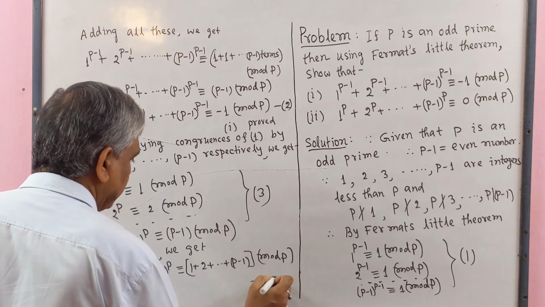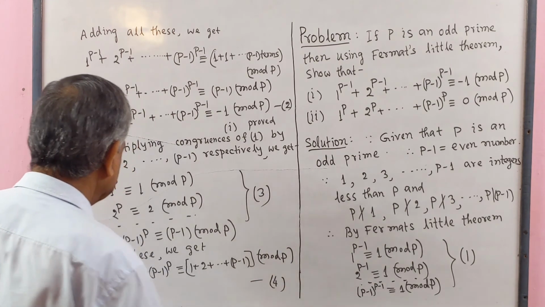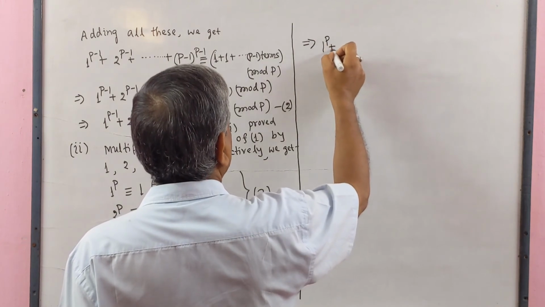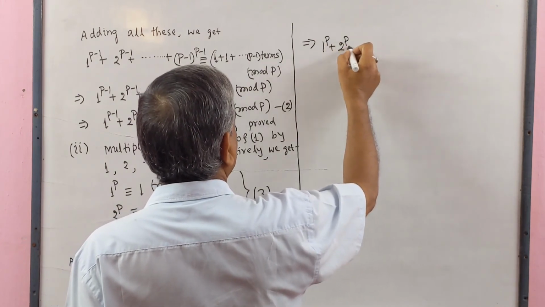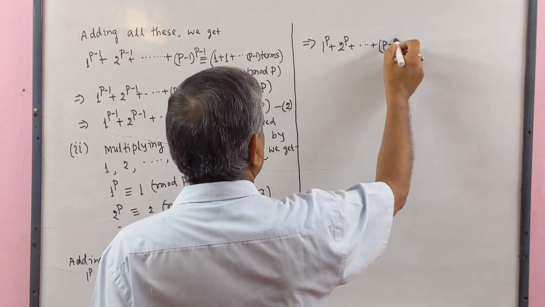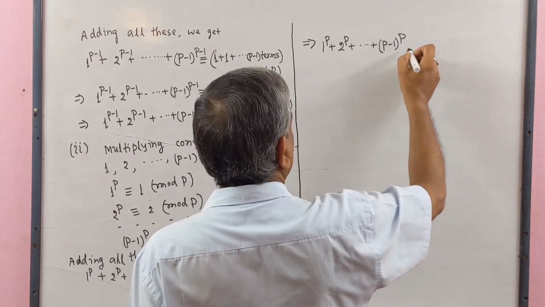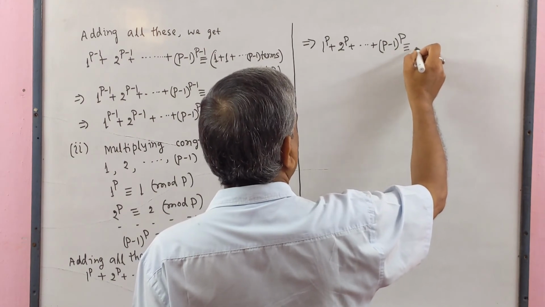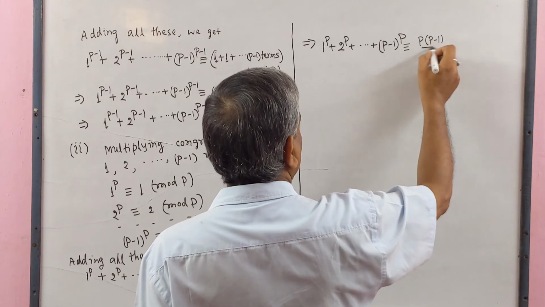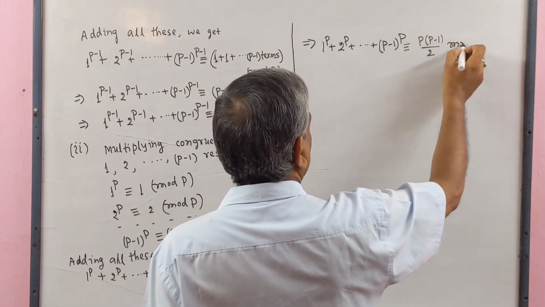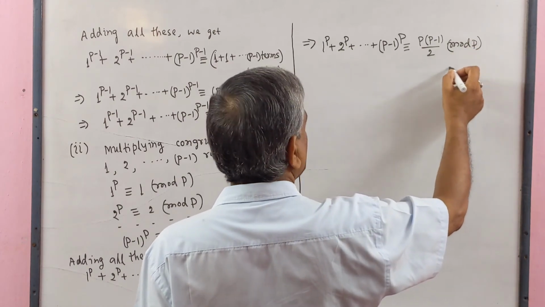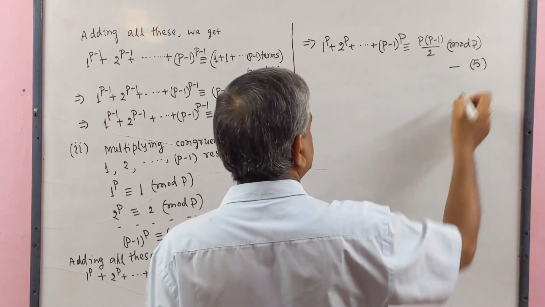Let this be number 4. This implies that 1 to the power p plus 2 to the power p plus ... plus p minus 1 to the power p is congruent to p multiplied by p minus 1 over 2 modulo p. Let this be number 5.